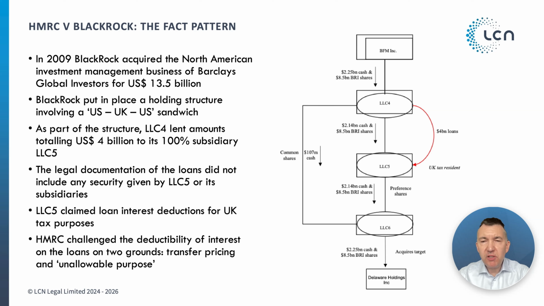One other element of the fact pattern that is important to note is that BlackRock, the group, knew that implementing this structure would be regarded as aggressive tax planning, and it knew that doing so would be likely to adversely impact the whole of the group's relationship with HMRC, so not just in relation to this specific structure.